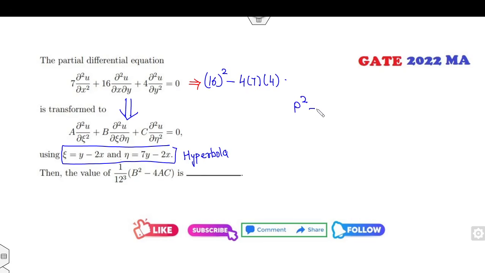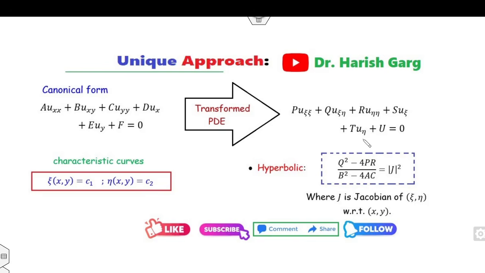Because I transform this equation to this, the discriminant of this part, b square minus 4ac, divided by the discriminant of this, that means 16 square minus 4 into 7 into 4, is equal to Jacobian square. And you can see the same formula as I told you in my shortcut tricks. This is the transform, q square minus 4pr divided by the original is Jacobian square.